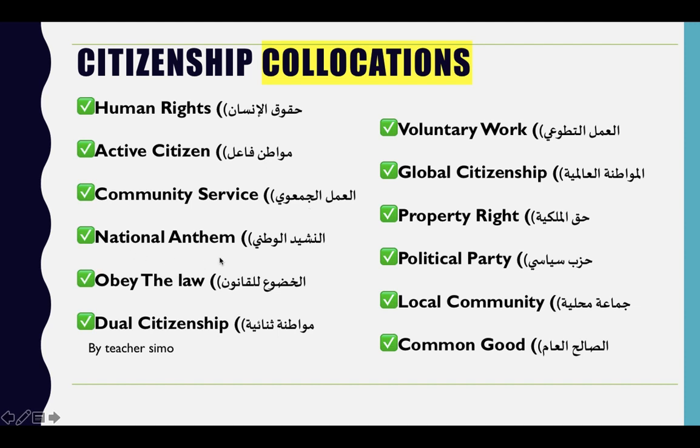We have national anthem, which means النشيد الوطني. We have obey the law. To obey the law means to apply the rule. Dual citizenship, مواطنة ثنائية. We have voluntary work, العمل التطوعي. We already covered this: to volunteer in a community service.